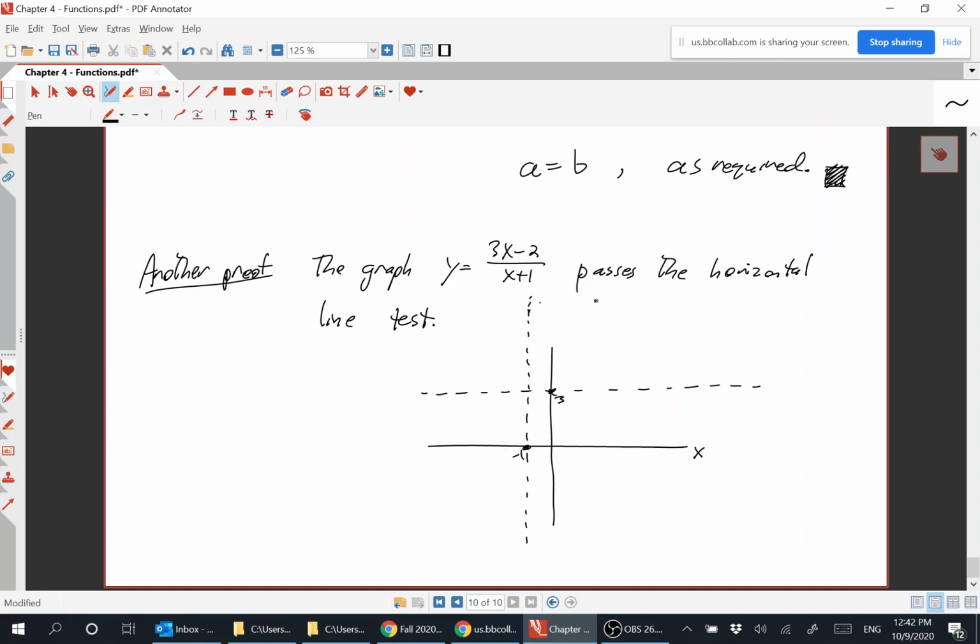The horizontal asymptote at 3, vertical asymptote at -1, and then x-intercept at 2/3. Y-intercept at -2. So this is equal to. Oh no, -2. No, that's the y-intercept. That's right. I had it right before.